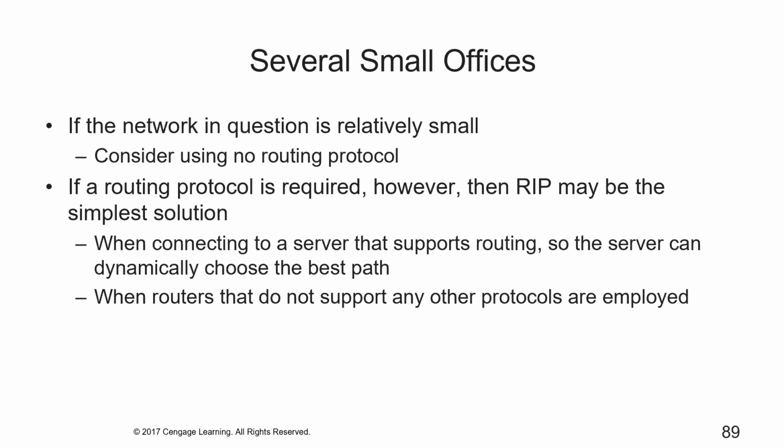Wherever possible, the simplest solution is best. If a routing protocol is required, then RIP is probably the simplest solution. When you're connecting a server that supports routing, that way the server can dynamically choose the best path. And the routers that do not support any other protocols are employed.